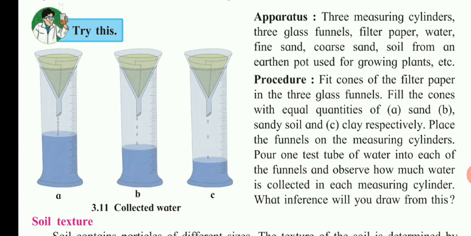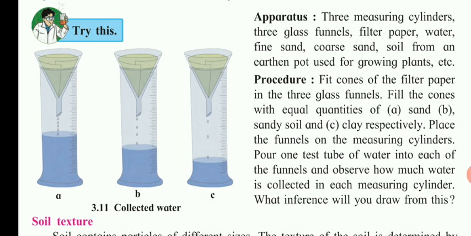What are the materials you are going to take? 3 cylinders, 3 glass plumes, filter paper, water, fine sand, coarse sand, soil, and the soil from that earthen pot. After taking that, you are going to fit a cone of the filter paper in the 3 glass plumes. In the picture you can see you are going to fill a filter paper.